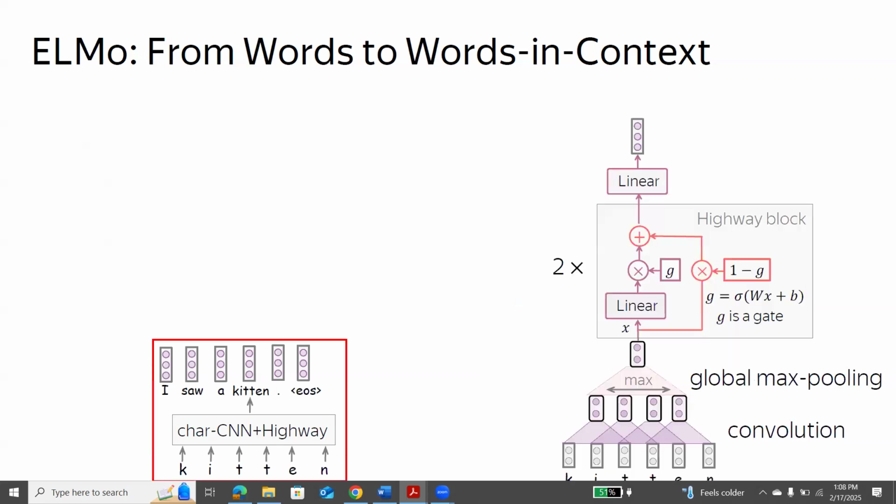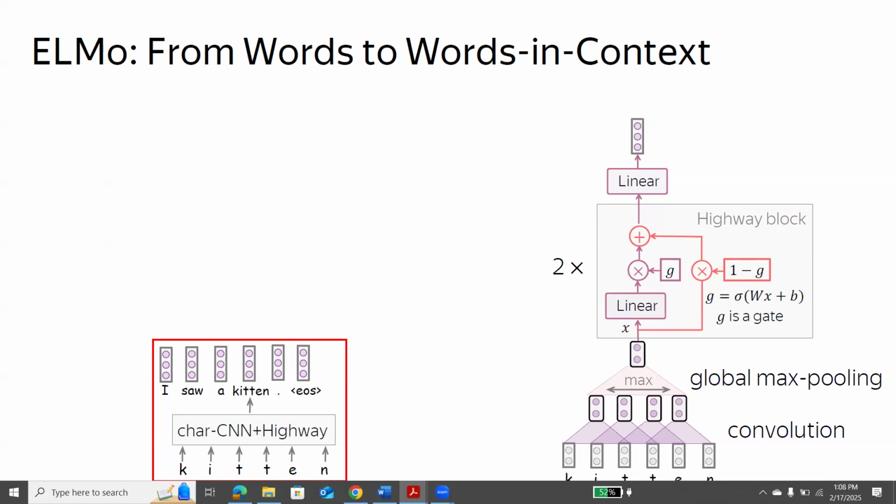They created the embeddings for tokens, but character-wise. So you could create a dictionary of embeddings for every character, and then use a convolution layer to create an embedding for the word.